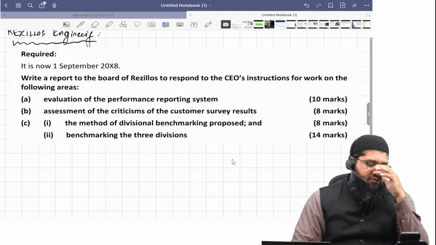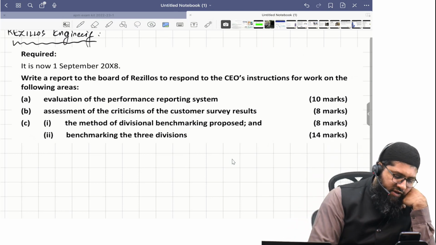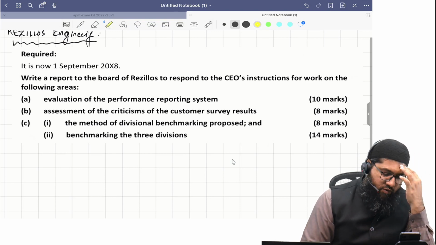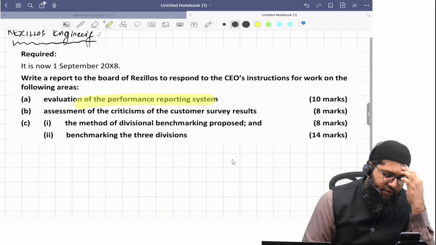Okay, it says write a report to the board of Resolos to respond to the CEO's instruction for work on the following areas: evaluation of performance reporting system.